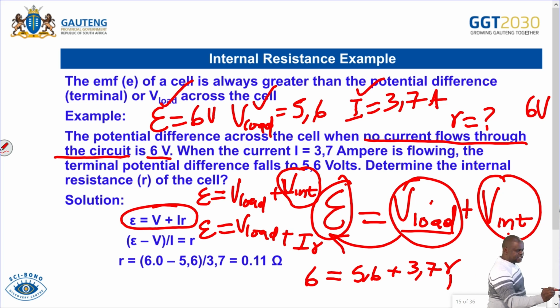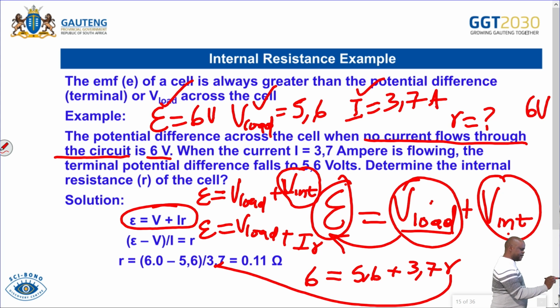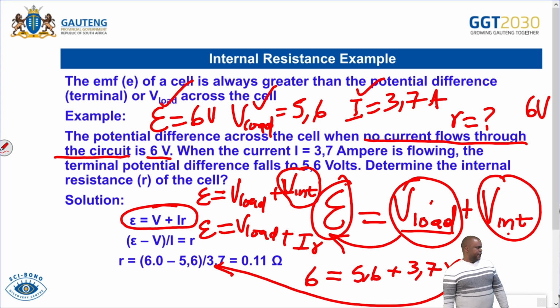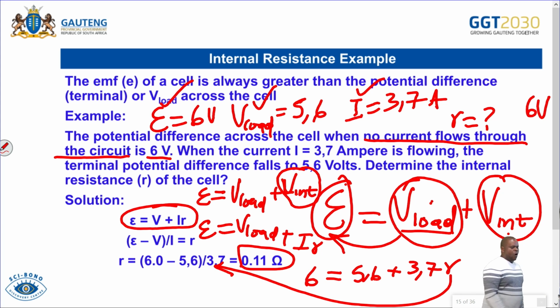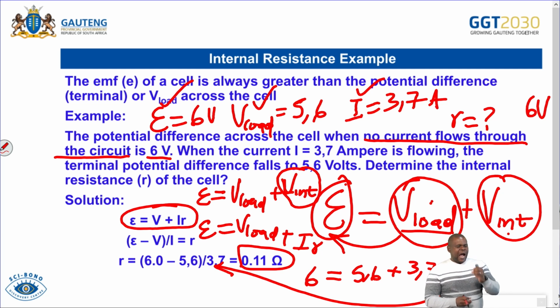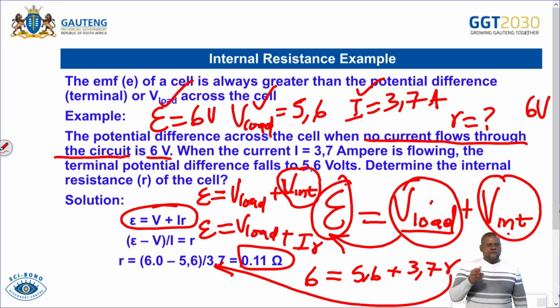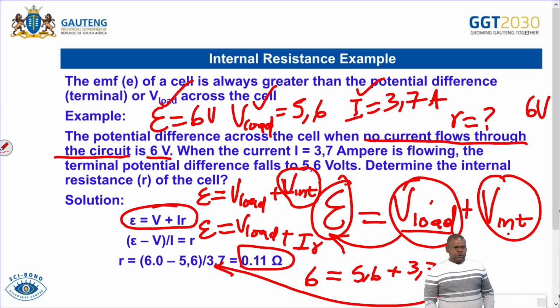When we make r the subject of the formula, it takes us to this, and when you use a calculator, grade 11, your answer must be 11 ohms. Are we together, grade 11s? Our final answer is 11 ohms. Remember, you must substitute first before you make r the subject of the formula. Are we together? Yes. Okay.